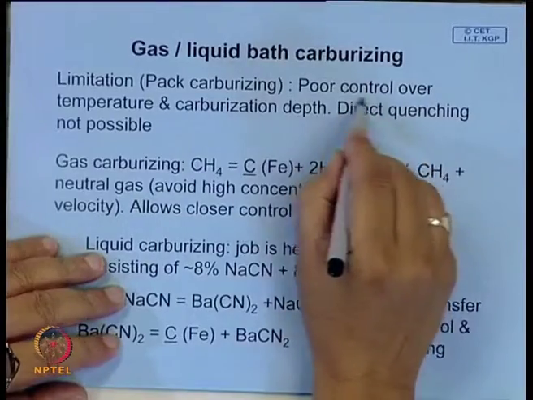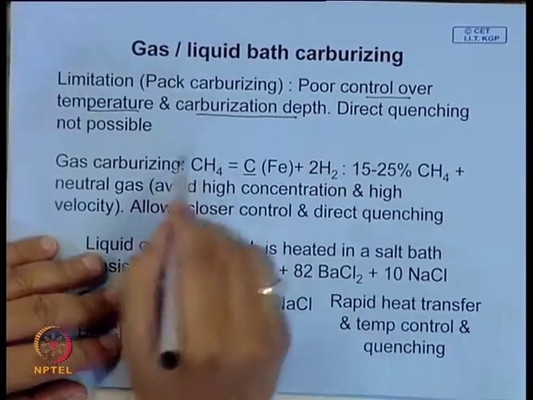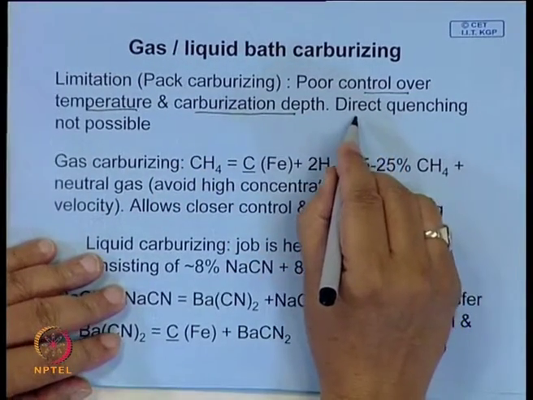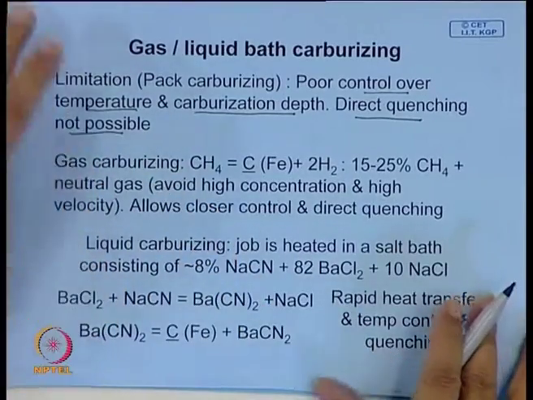Here it is not possible. So, this is a major limitation. Second, temperature control is also a major limitation. By pack carburizing, you have poor control over temperature and carburization depth, and you also cannot directly quench.